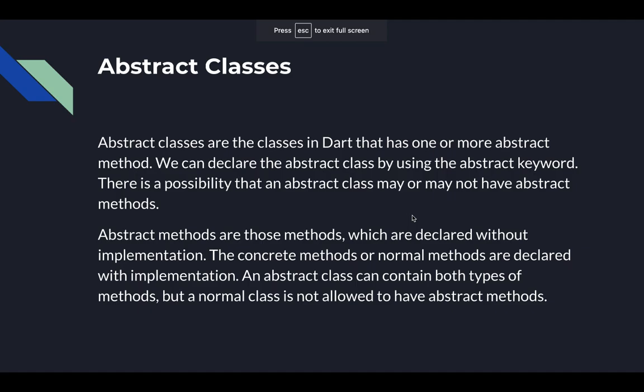Abstract methods are those methods which are declared without implementation. We have seen that the implementation is your curly braces where you write your code for the method in between. The concrete methods or normal methods are declared with implementation. So the opposite of an abstract method is a concrete method, which has implementation. An abstract class can contain both types of methods.